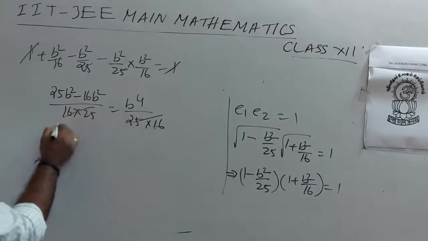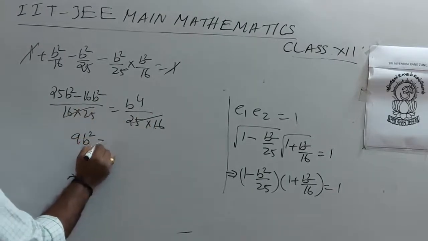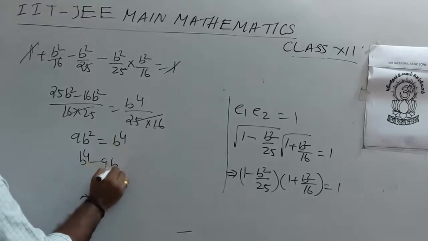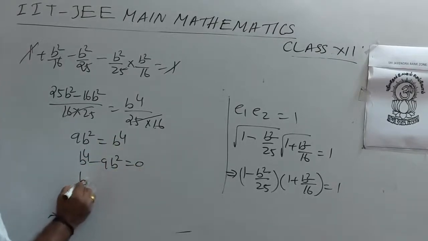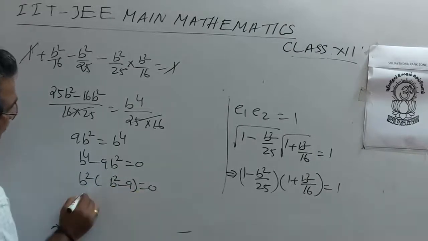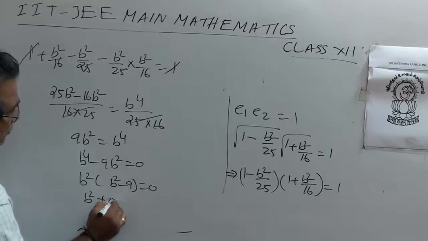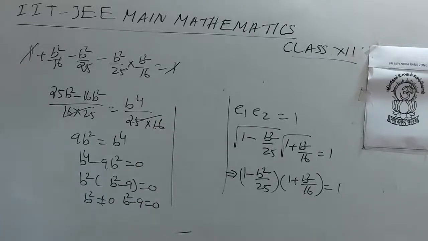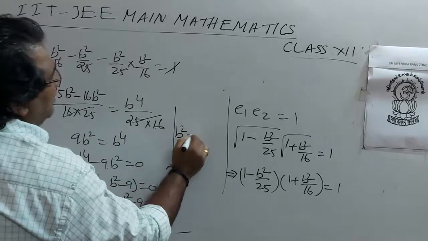So this will be cancelled. 9 b square equal to b power 4. b power 4 minus 9 b squared equal to 0. b squared into b squared minus 9 equal to 0. So b squared is not equal to 0. So b squared minus 9 equal to 0, which means b squared equal to 9.